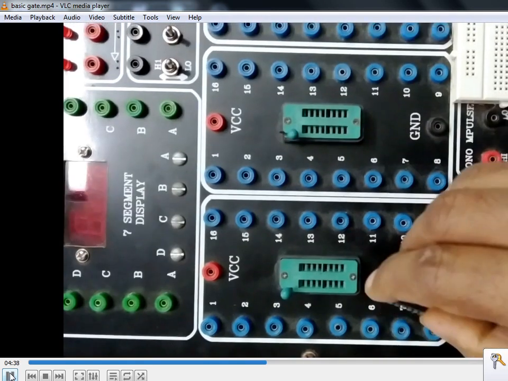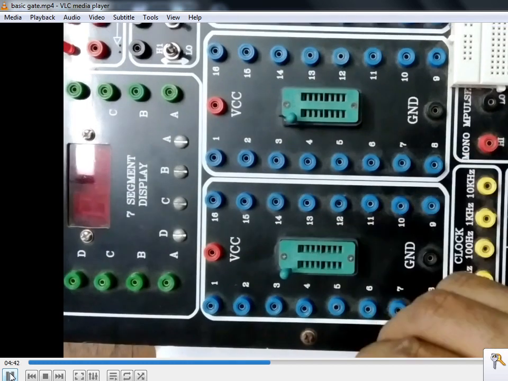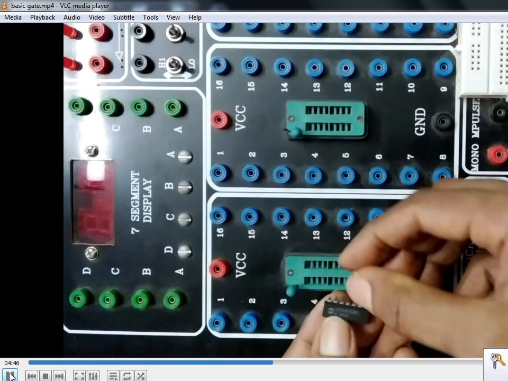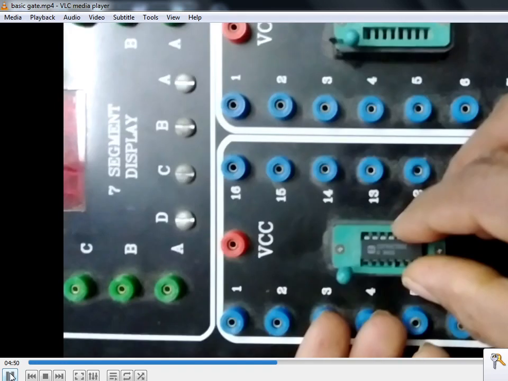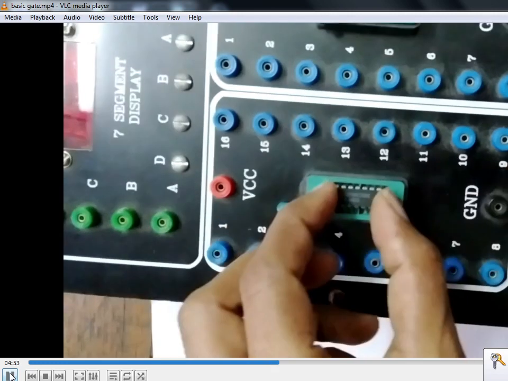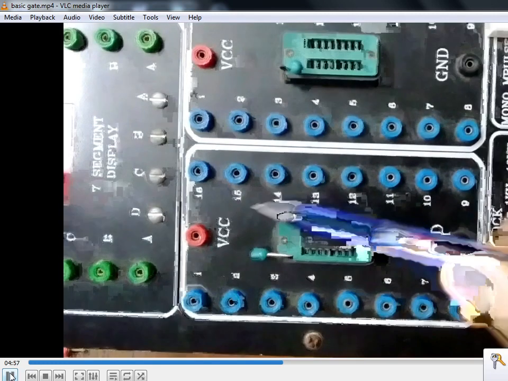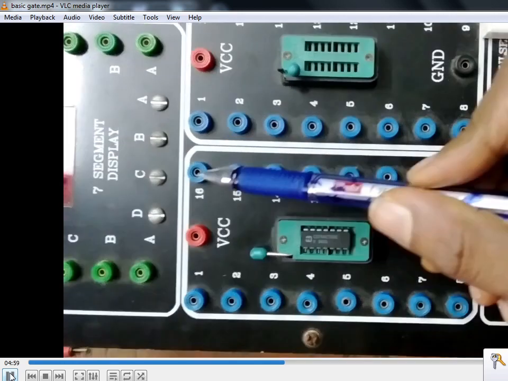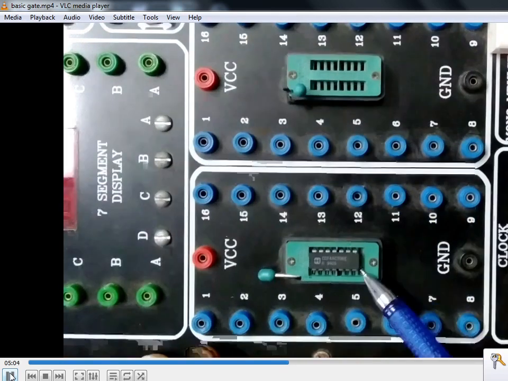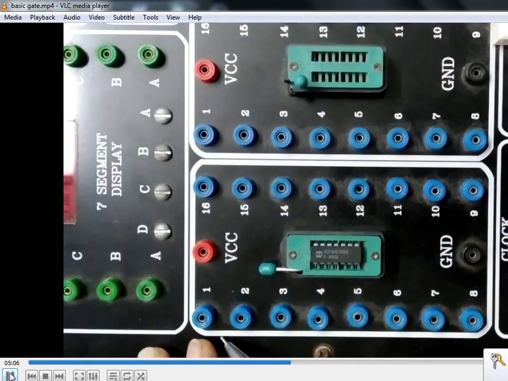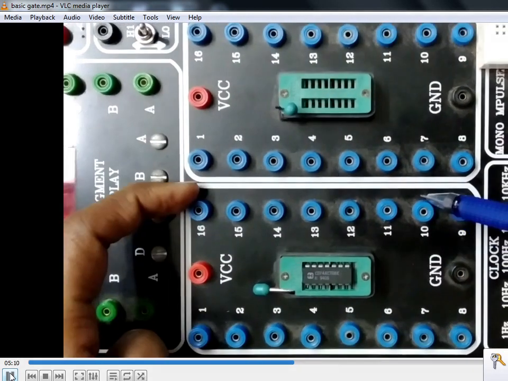Now I am inserting this IC 7408 in the IC socket. While inserting the IC, this notch should come at the top like this. Just close this. Now the IC is inserted properly. This IC socket has 16 pins, but we have inserted only a 14 pin IC. Therefore, we have to count the pin numbers 1 to 7 on the left and from 8 to 14 on the right.